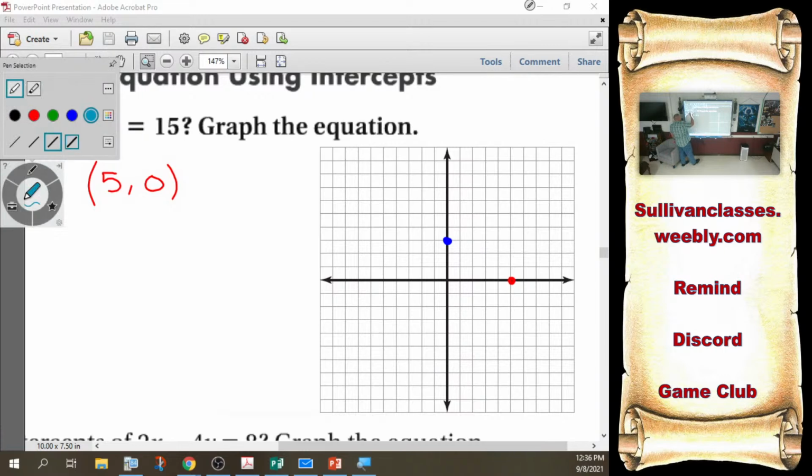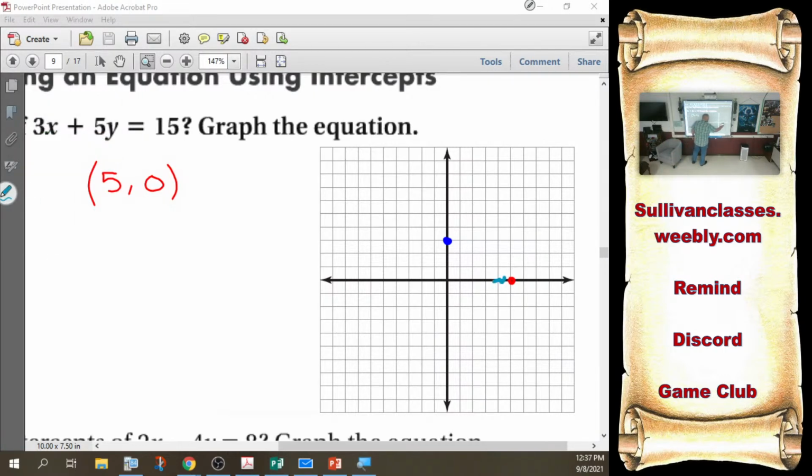So repeat that ratio. Go back 5, up 3. Back 5, up 3. 1, 2, 3, 4, 5, 1, 2, 3. Repeat that ratio. That way I don't have to do a table because we all know how much you guys like tables. Okay.